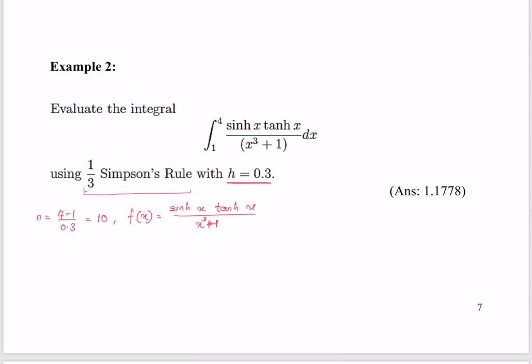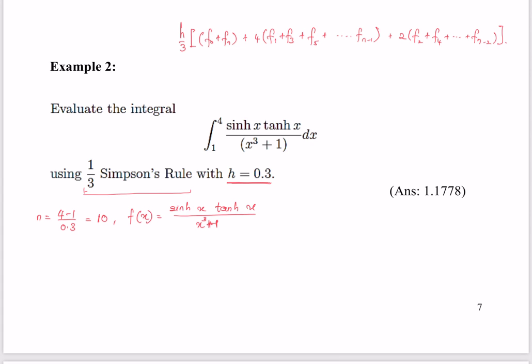Our 1/3 Simpson rule is h over 3 multiplied by f0 plus fn plus 4 multiplied by f1 plus f3 plus f5 plus and so on up to fn minus 1 for the odd ones, and then plus 2 multiplied by f2 plus f4 plus and so on up to fn minus 2 for the even ones.